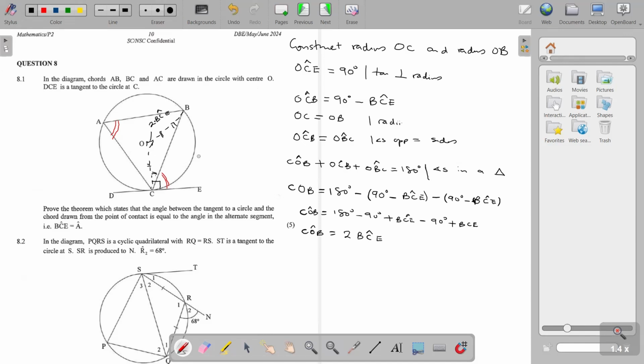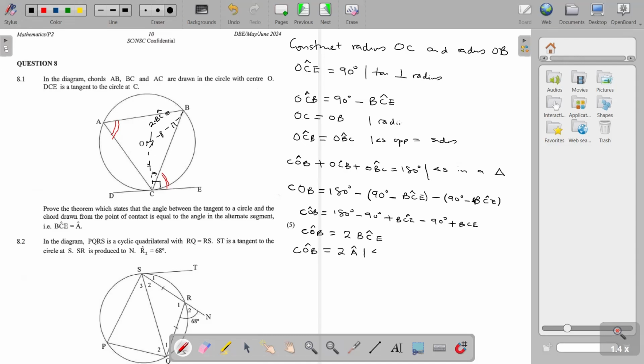Then we now know that this angle is equal to 2 times BCE. We can now link this angle at the center with the angle at the circumference since they are both subtended by BC. So we can now say our angle COB is equal to 2 times the angle A. Why?